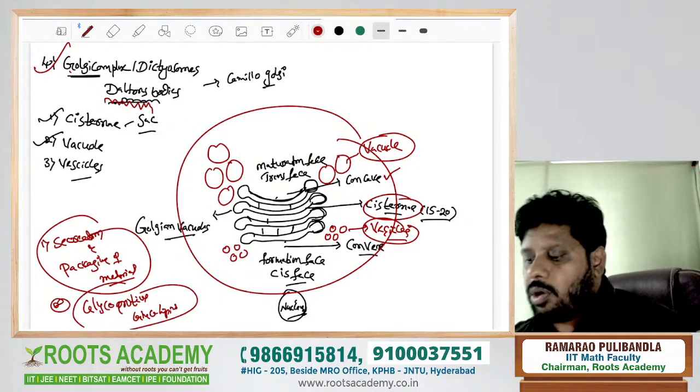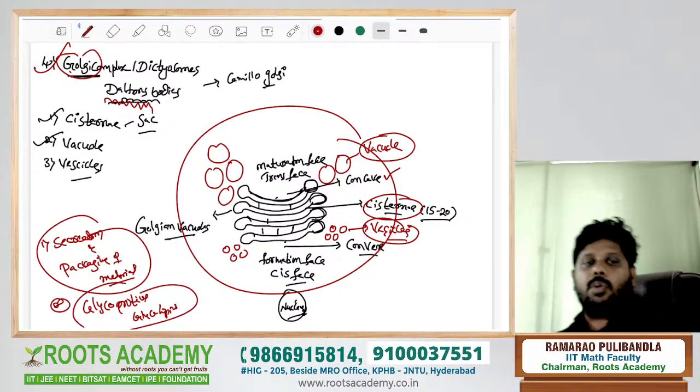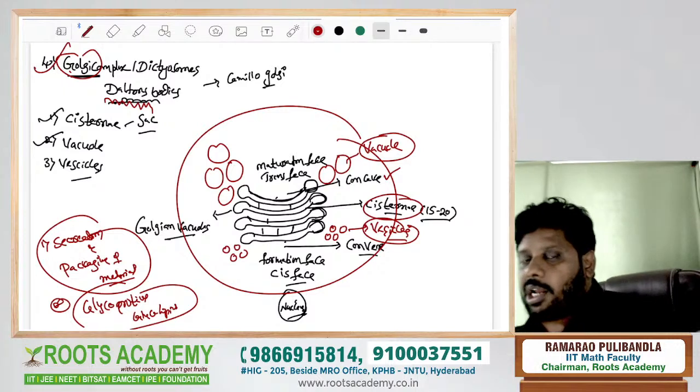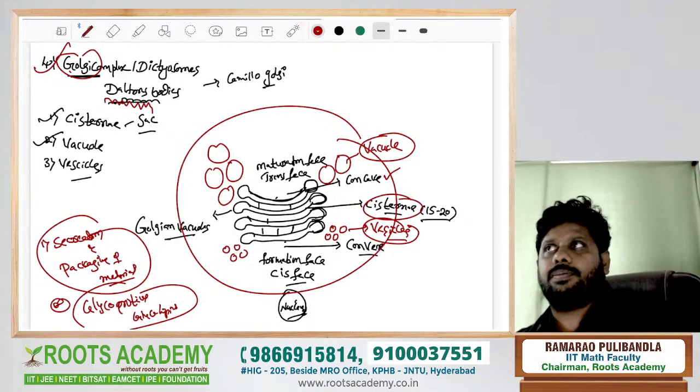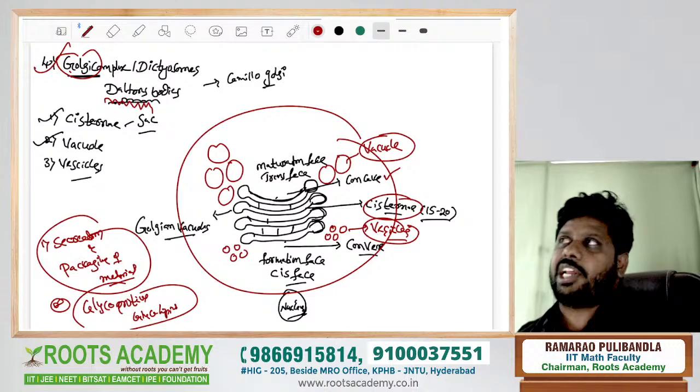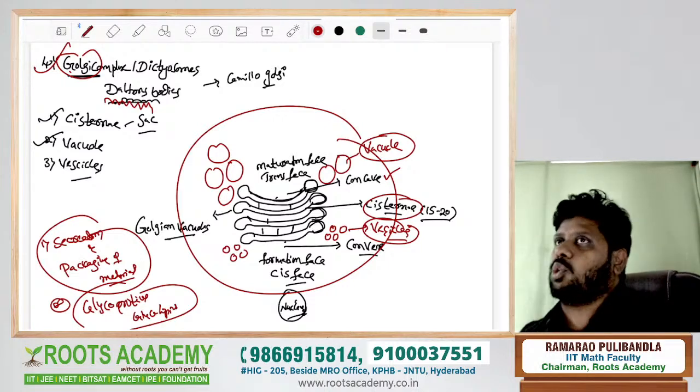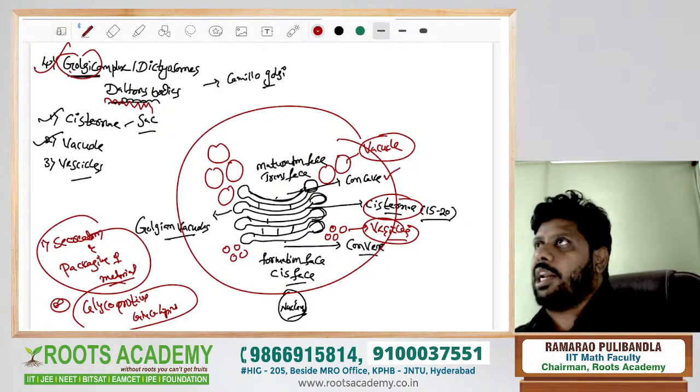G and G, Golgi, glyco. Glycoproteins and glycolipids are synthesized by Golgi. Packaging and secretion of material, and also synthesis of glycoproteins and glycolipids.